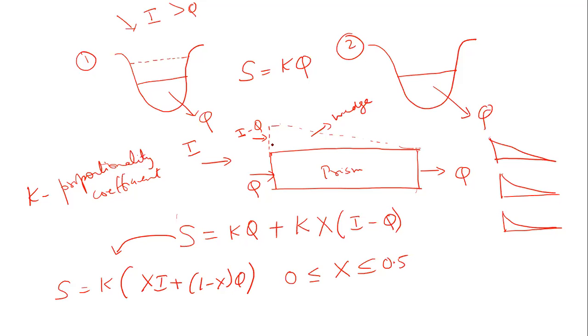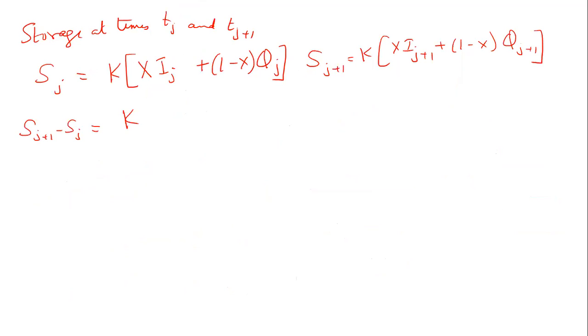All right. Okay, so let's keep going. S j plus 1 minus S j, I'll write it simply, without complicating it too much, as the difference between these two terms.